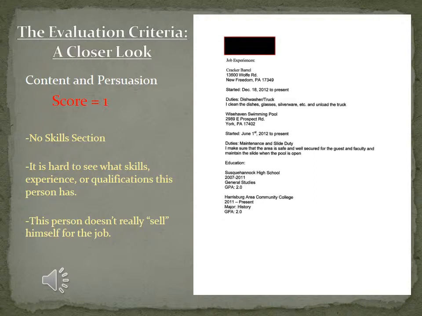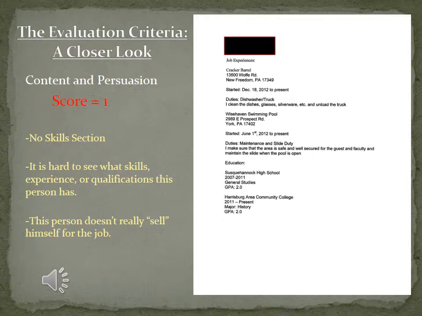In regards to the criteria of content and persuasion, this sample resume would receive a score of 1. I think if you look at the resume in a little bit more detail, you'll understand exactly why. First of all, there's no skills section. And how am I, as the employer, then supposed to know exactly what the job seeker brings to the table if there's no skills section?